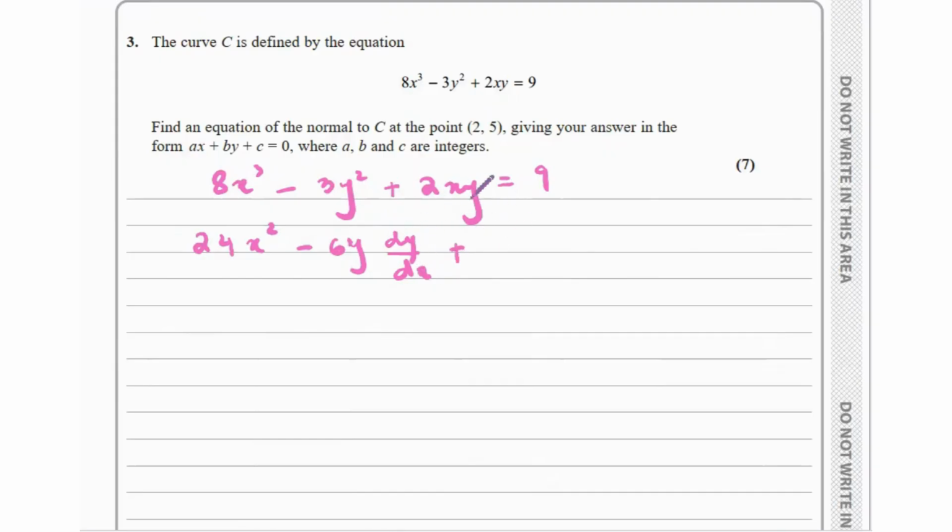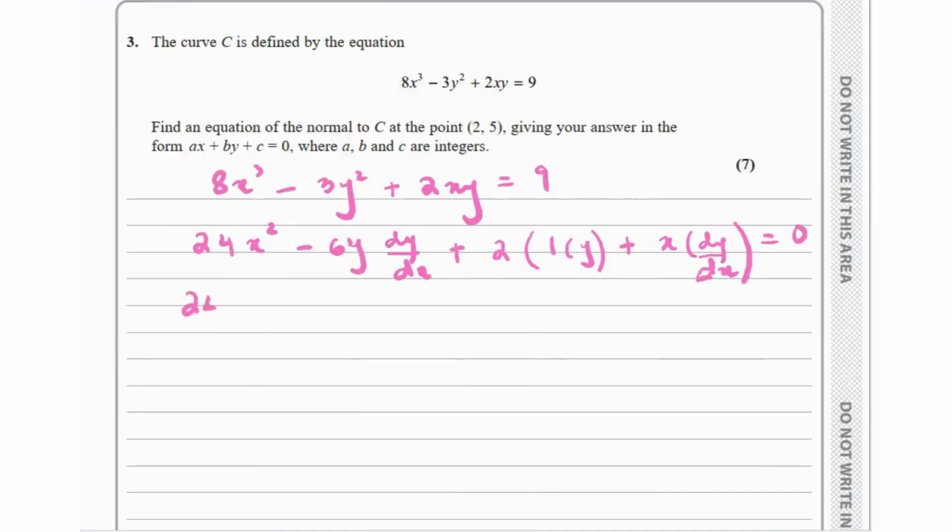And over here, two variables are being multiplied, so we're going to use the product rule. So plus 2 bracket derivative of x is 1, so 1 times y plus x times derivative of y, which is dy by dx, and constant becomes 0.